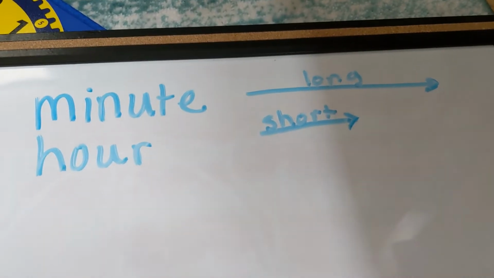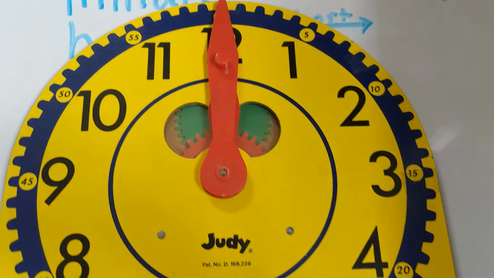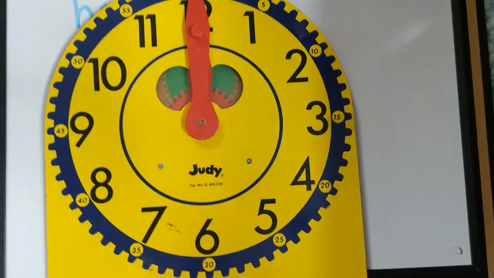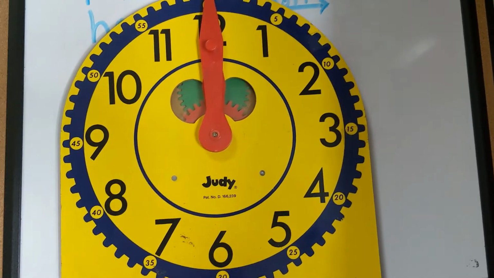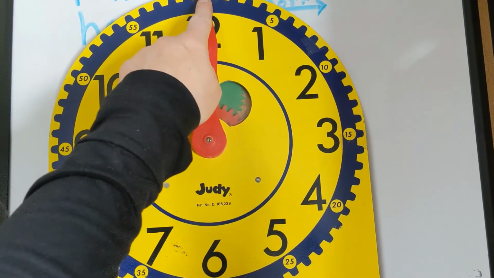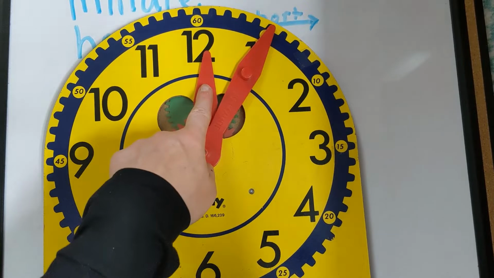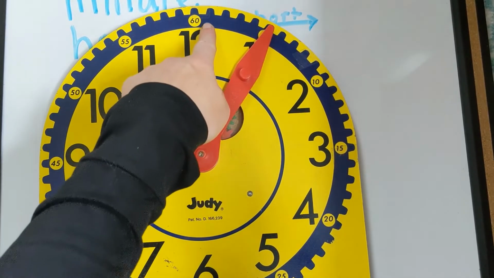And I'm going to show you on my clock, Judy. Right now my minute and hour hand are right against each other. So that means it's either noon or 12 midnight. Both hands are at the 12 and it's 0 minutes. And as my minute hand travels, I want you to notice that my hour hand went really, really slowly.